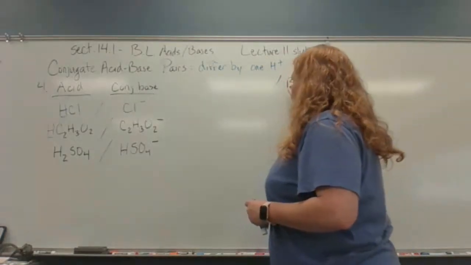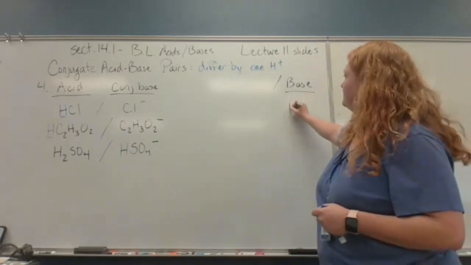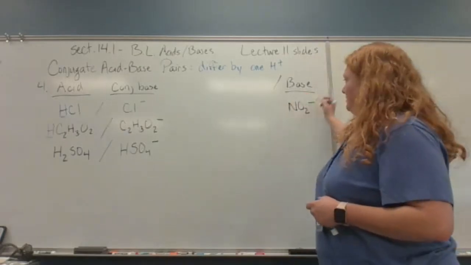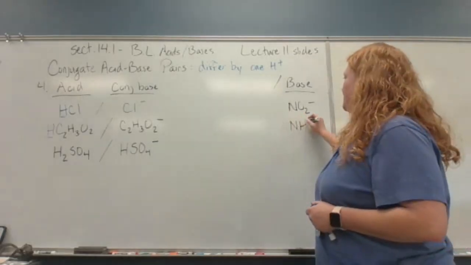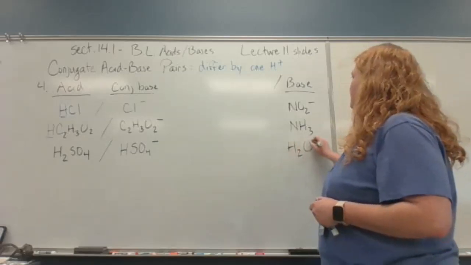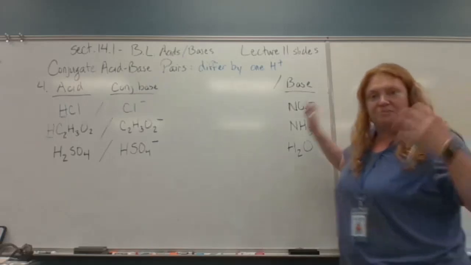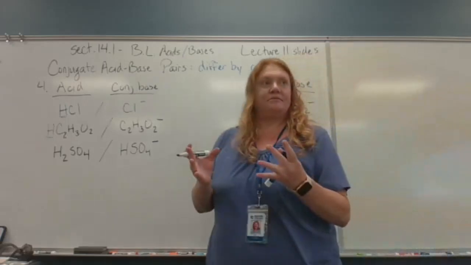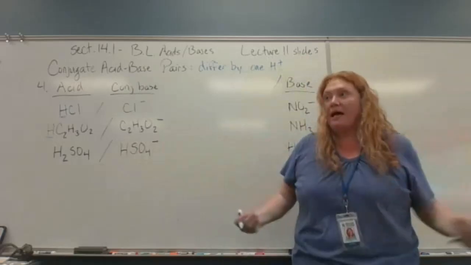Okay, so if I'm telling you here's a base, how do we define something as a base? What does it mean in this definition to be a base? Any species that can accept an H plus is a base.